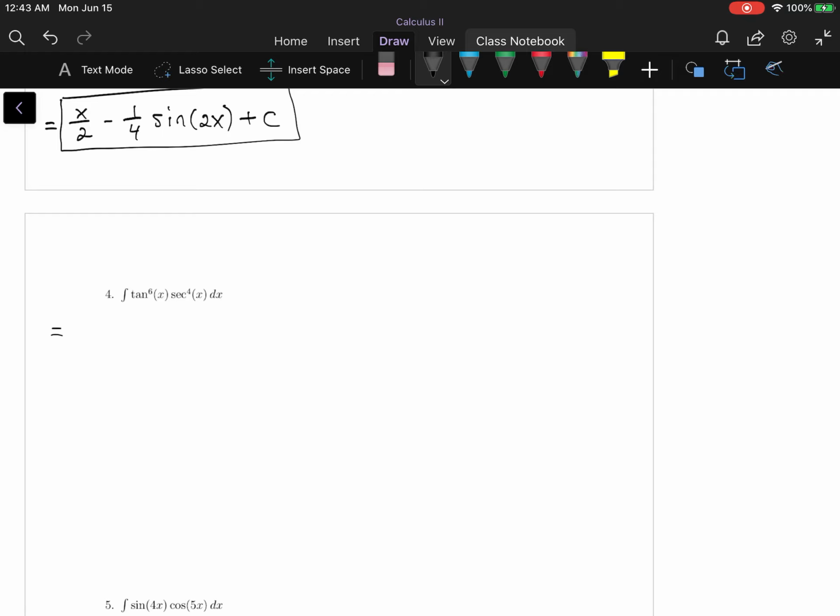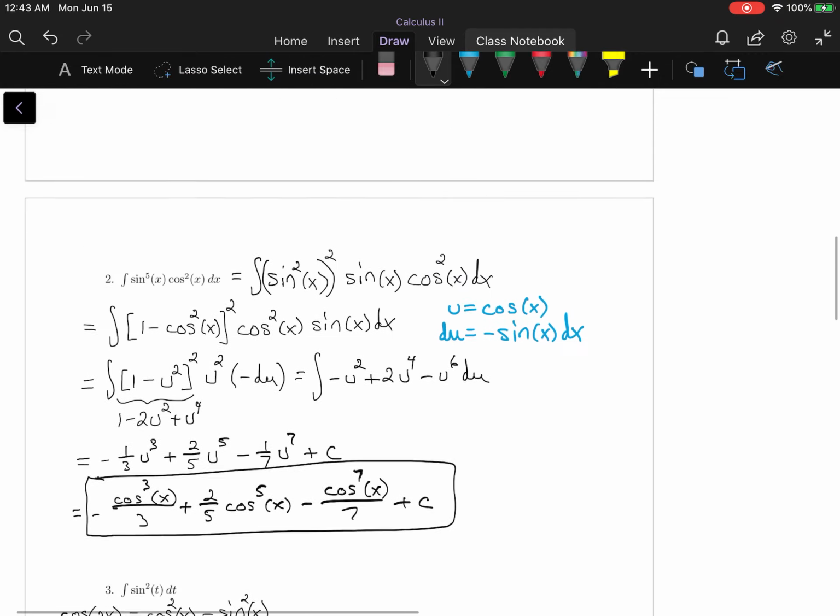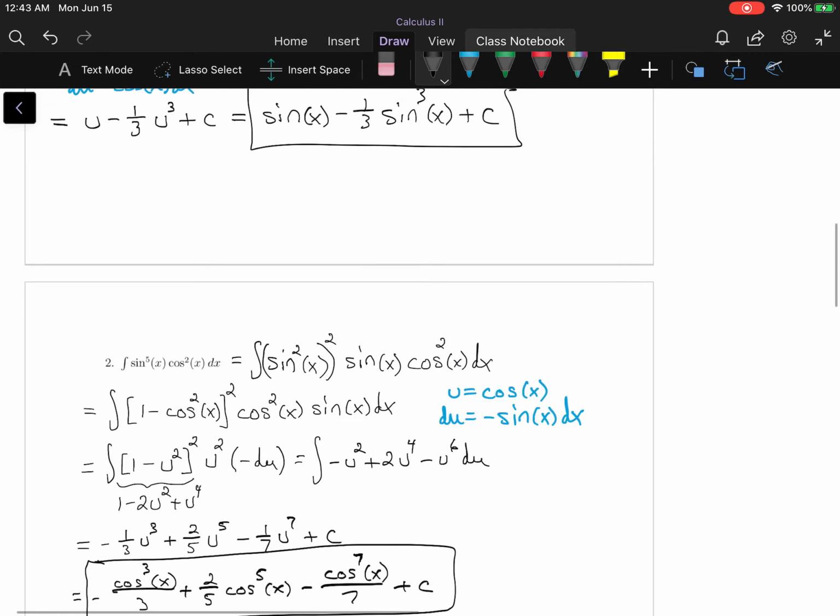So we have the integral of tan to the 6th x, and then a secant squared, according to this second identity in the first column, secant squared is tan squared plus 1.